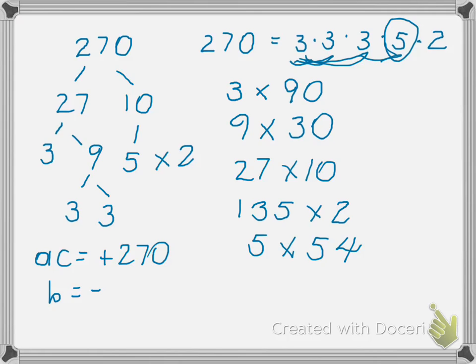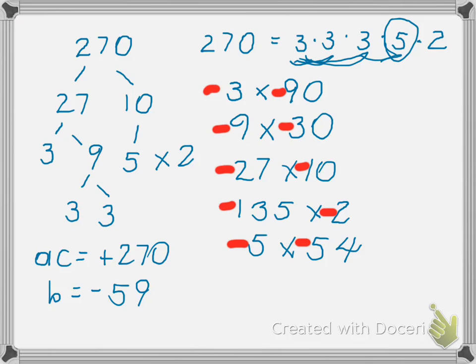So we're looking for factors which multiply to give us a positive product and sum to give us a negative sum. And the only way that's possible is if both of the signs are negative, because a negative times a negative gives us a positive, and a negative plus a negative gives us a negative. Okay, so that's how we know what the signs of the factors are.